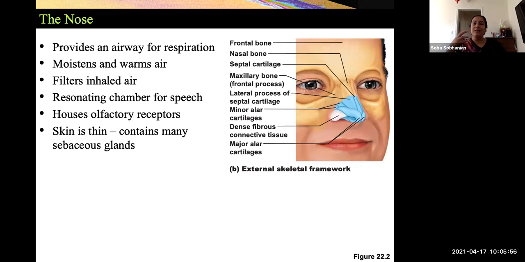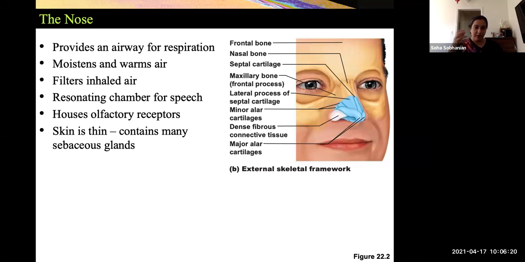Blood vessels, we already know, carry warm blood. So as the air passes over the submucosa lining, the heat gets radiated up to the air and allows that air to warm up. So these are the three main functions of your nose in terms of respiratory system functions.